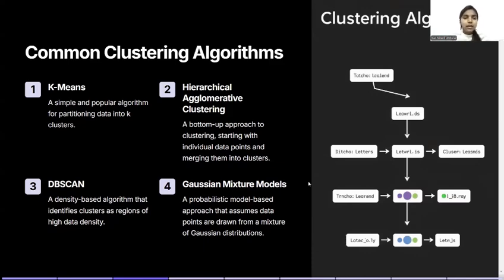Next is hierarchical agglomerative clustering. In this clustering algorithm, it is a bottom-up approach to clustering, starting with individual data points and merging them into clusters. It builds a tree-like structure of clusters, with agglomerative being bottom-up and divisive being top-down.